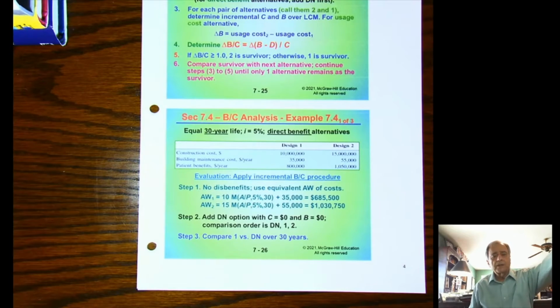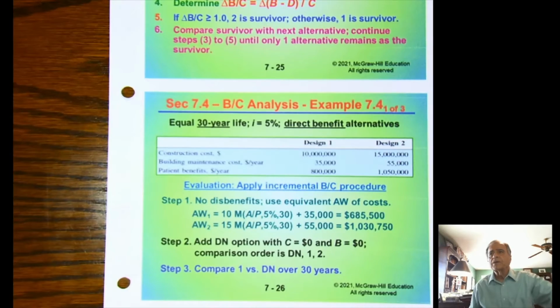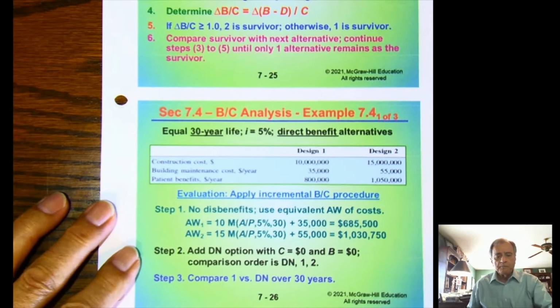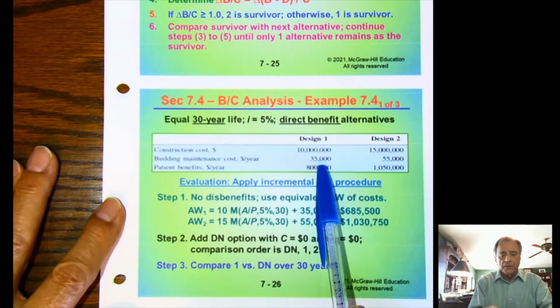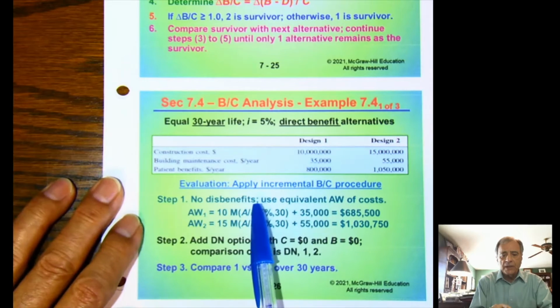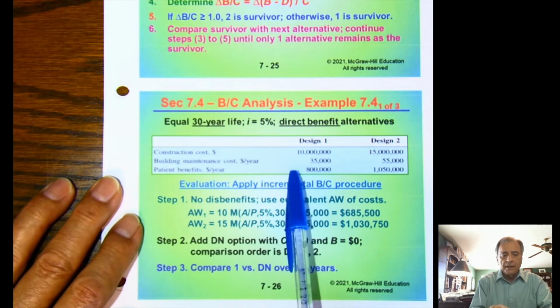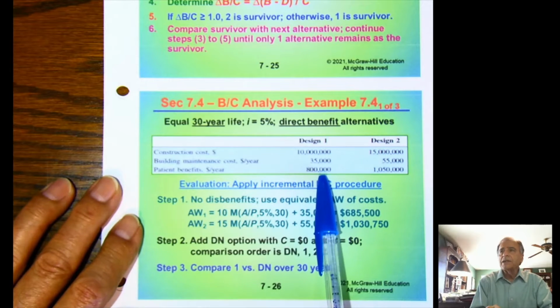Okay, let me focus in on this one a little bit more. Maybe you can see it better. Design 1 costs $10 million and has an annual maintenance cost of $35,000, but benefits of $800,000.